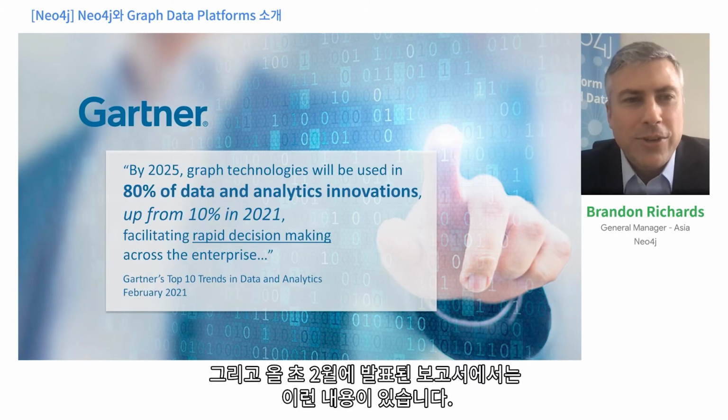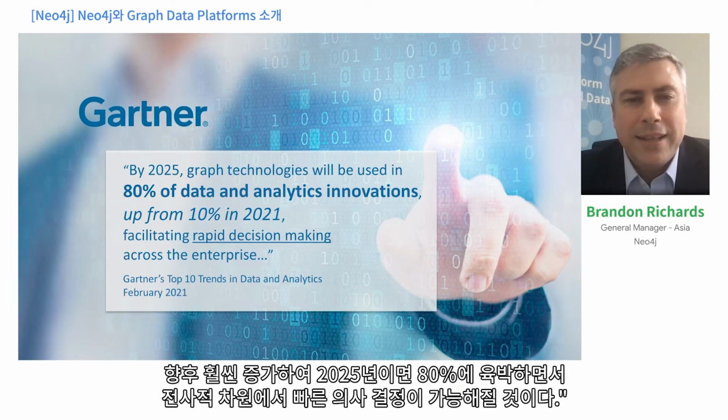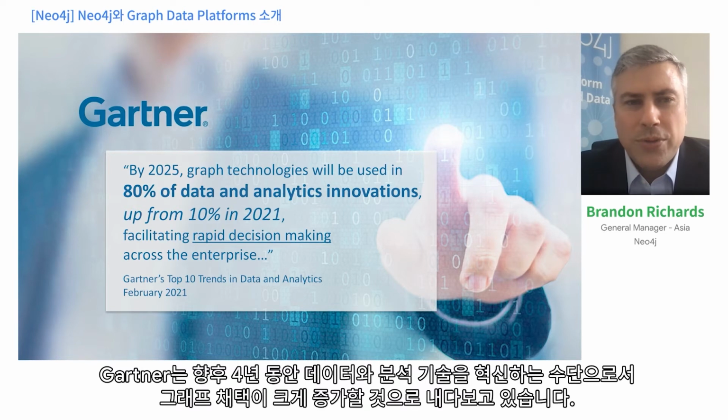And then earlier this year, in February, they said this: by 2025, graph technologies will be used in 80% of data and analytics innovations, up from 10% in 2021, facilitating rapid decision-making across the enterprise. So Gartner is seeing massive growth over the next 4 years in the adoption of graph as a way of innovating in data and analytics.